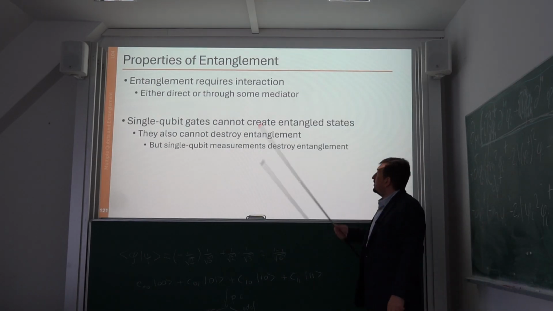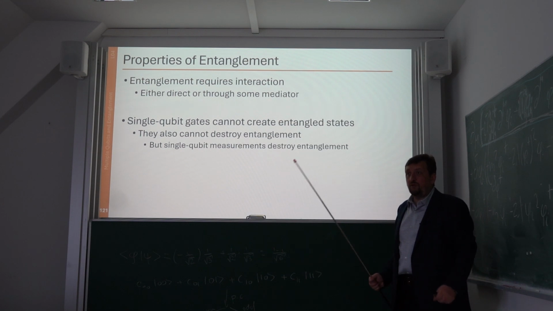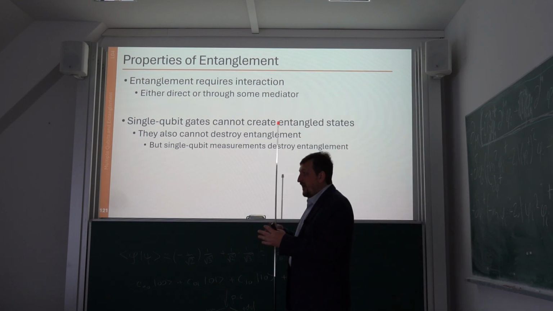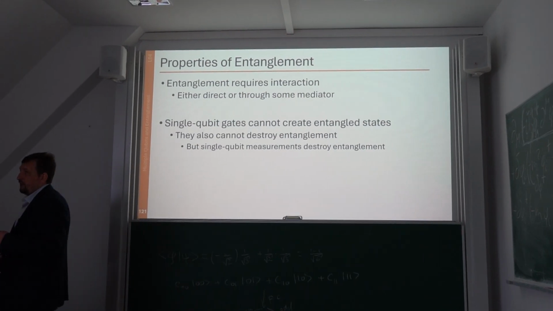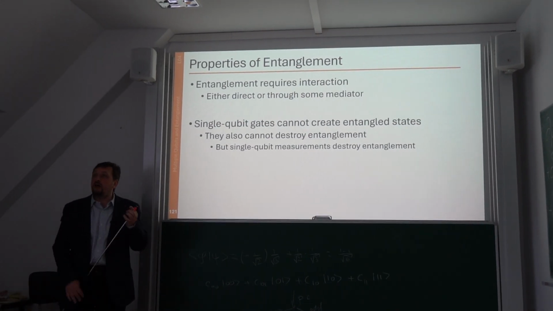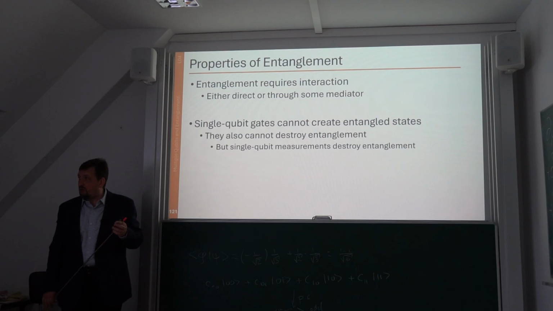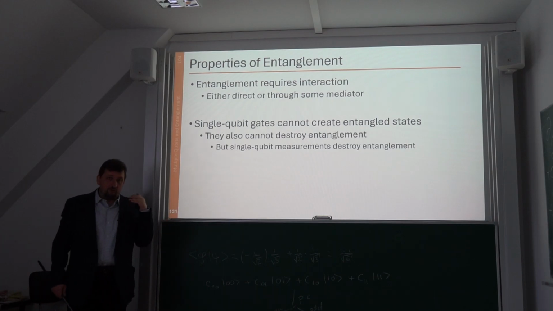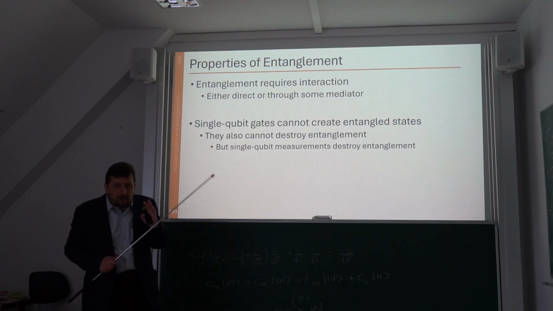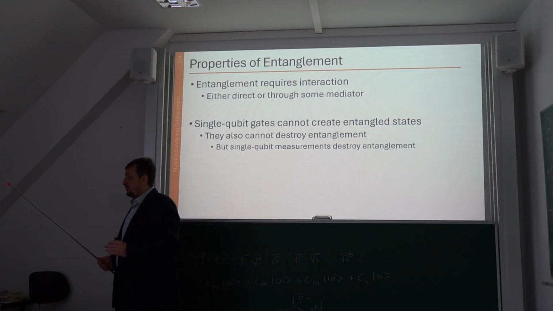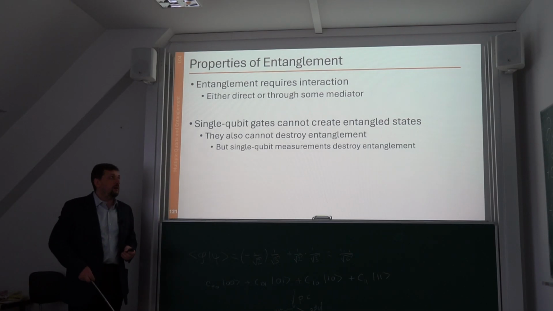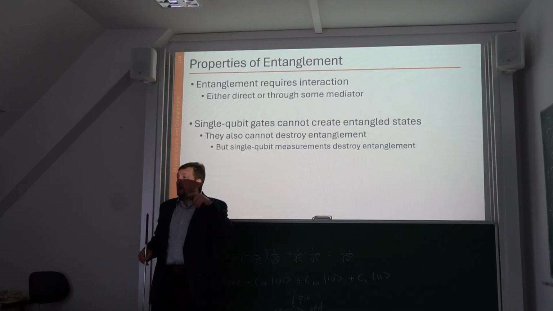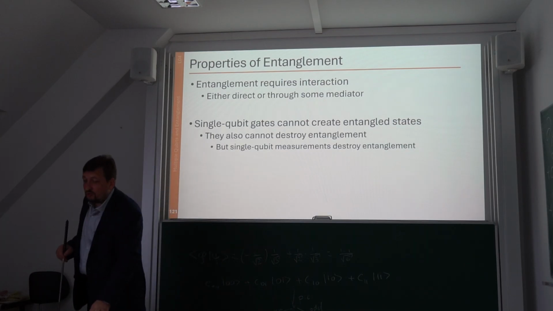So entanglement requires interaction. If we have two particles that never interacted, they will not be entangled. So we cannot produce entanglement using single qubit gates. When we're talking about qubits, we have single qubit gates. No matter what you do with these single qubit gates, the qubits will remain not entangled. And the opposite is also correct.